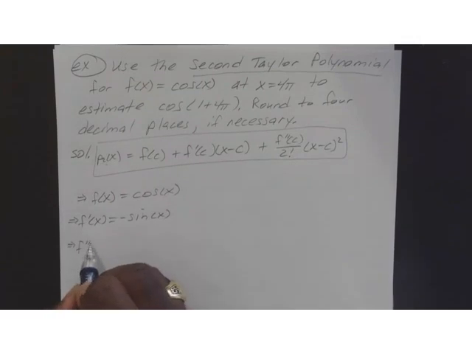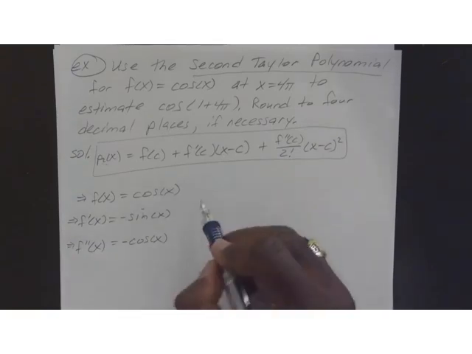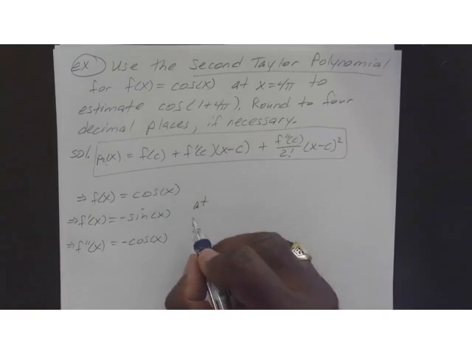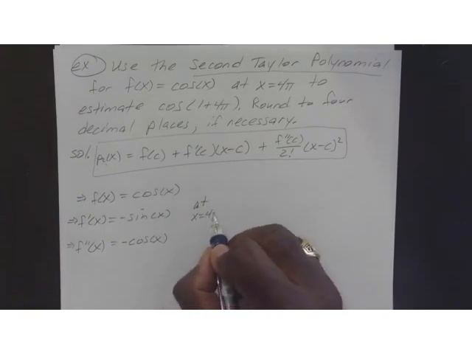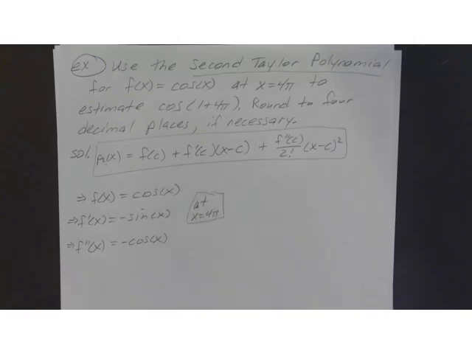And our second derivative at x is the derivative of negative sine, which is negative cosine of x. Now, at x is equal to 4 pi, we can find each one of those.